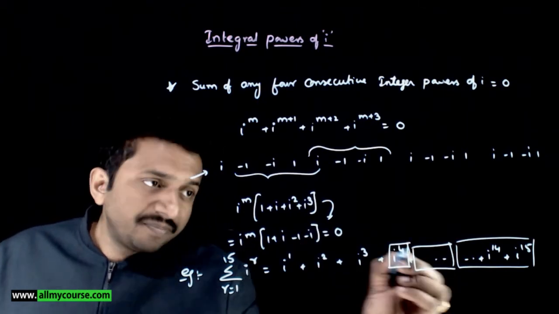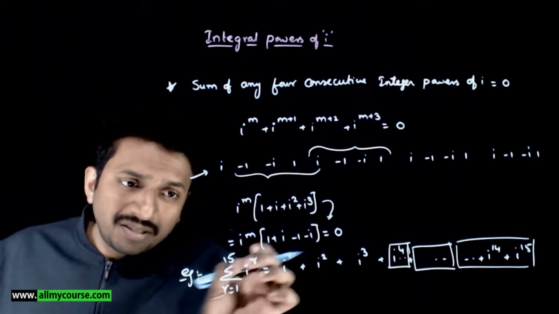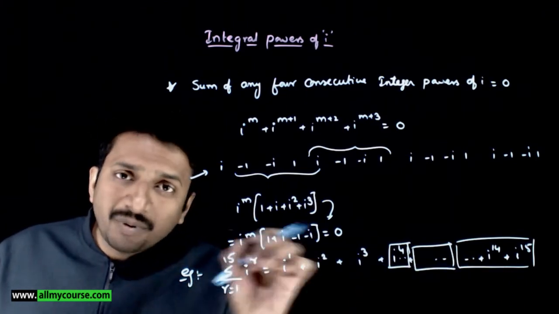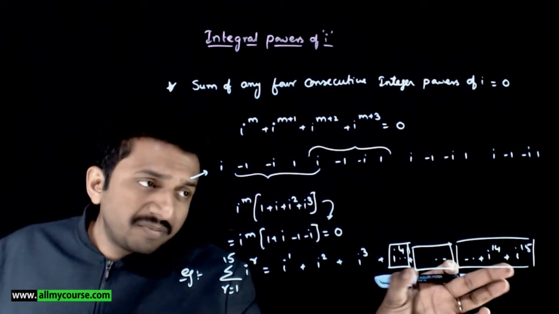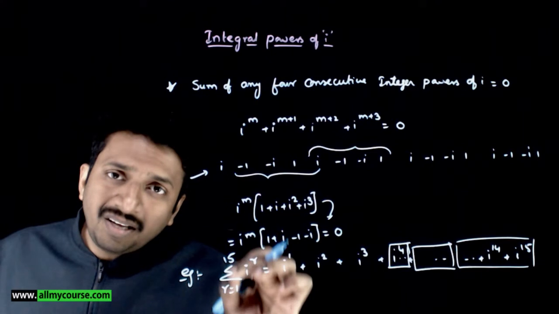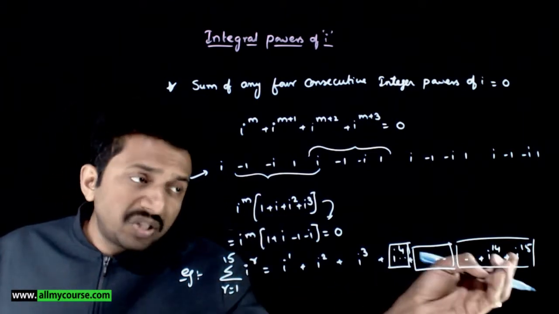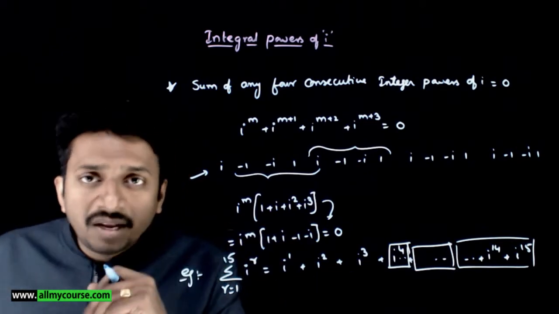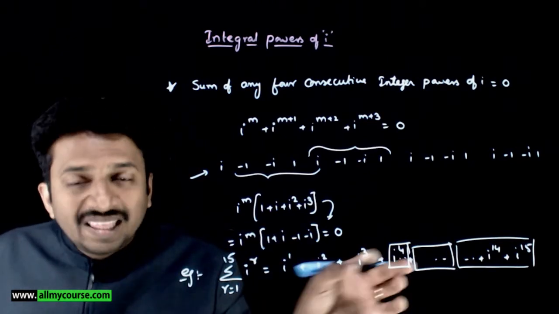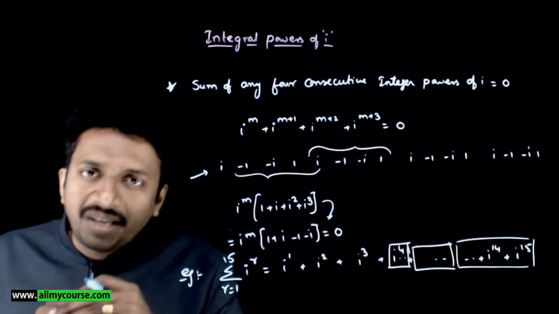As you see, 3 powers will be left out, because if you take 3 pairs of 4, you can cover 12 elements, but in this sequence you have 15 elements. So if you start from back, the first 3 elements will be left out. If you start from the front, the last 3 elements will be left out. So for convenience, let me start from the end.